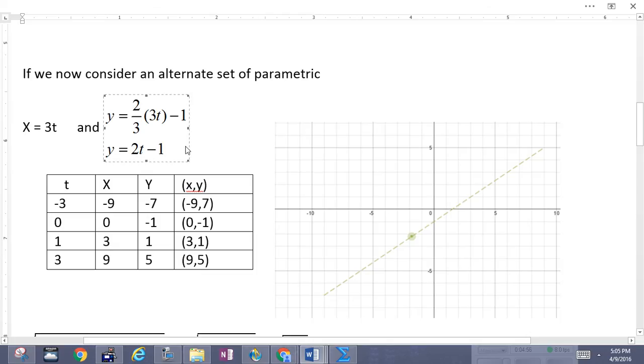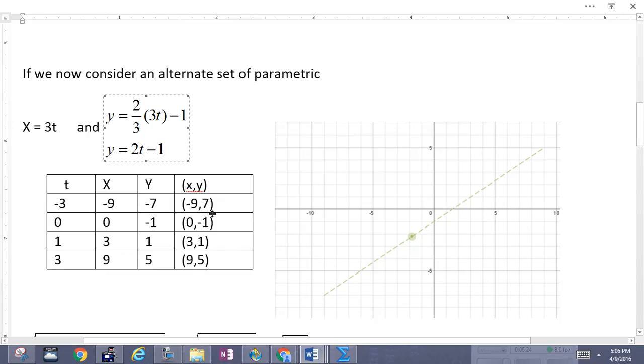We're going to consider that on the same interval in t, from -3 to 3, and look at what we end up with. For -3 as input, we get -9 for x, and y is equal to -7.